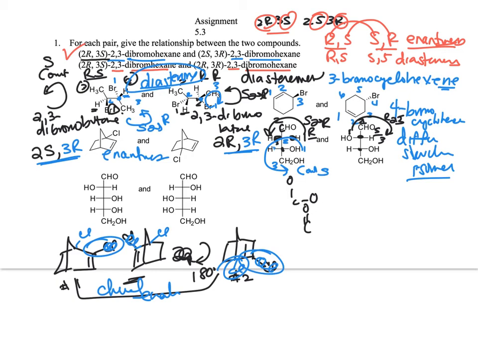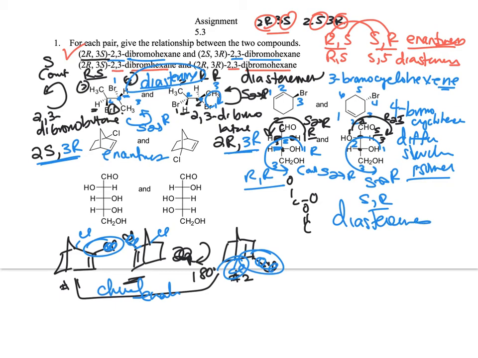Counterclockwise is S, but your hydrogen's on the horizontal, so that's R. So this one's RR, and this one would be 1, 2, 3, and that would be counterclockwise S, which would go to R. So this one would be SR, and this one's RR. Because it's not exactly SS and RR, this would make these diastereomers.